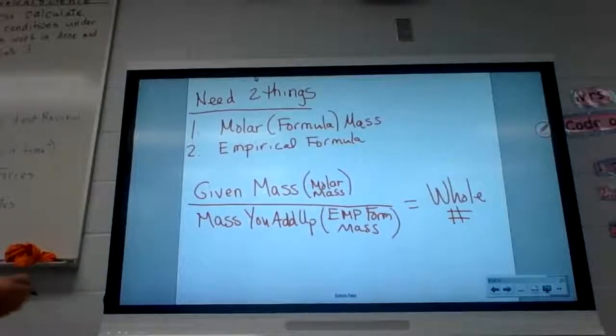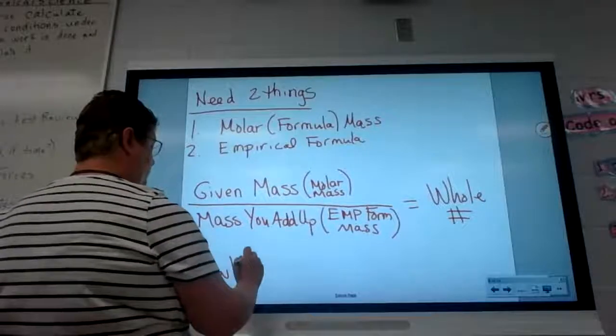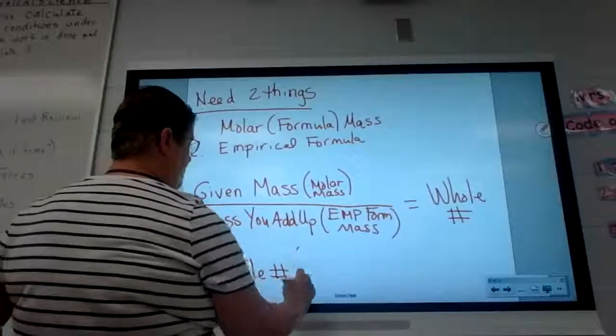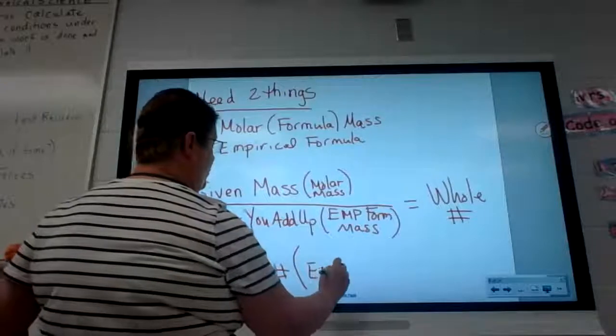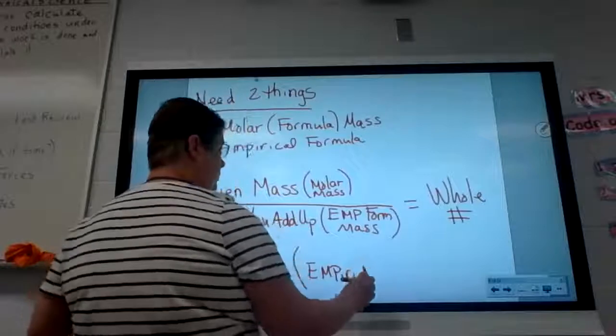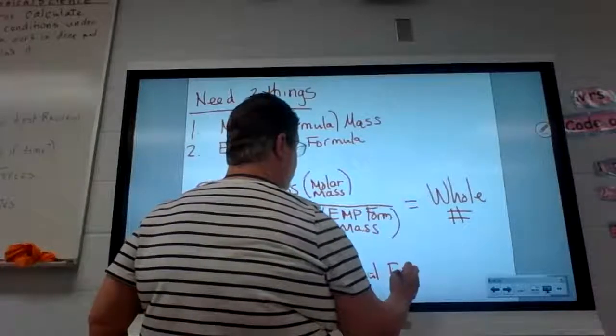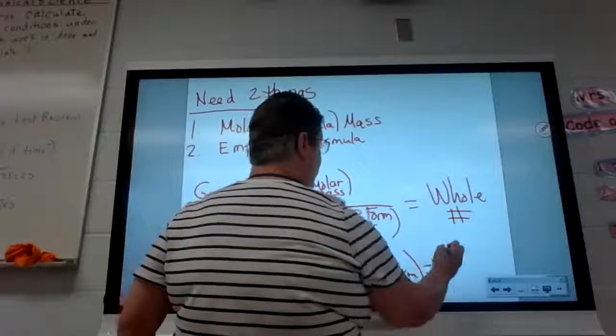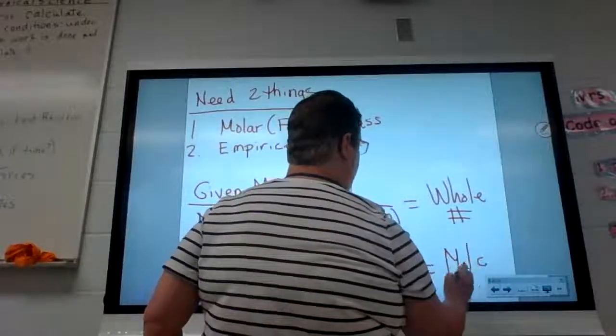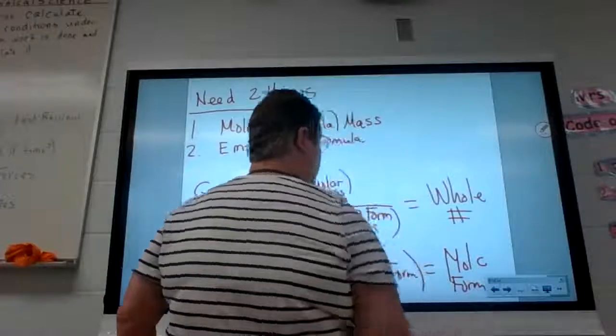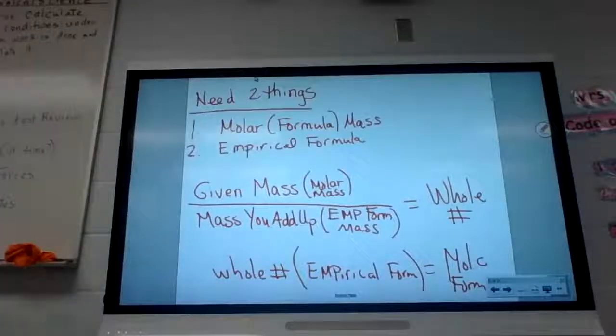Now, you're going to take this whole number and you're going to multiply it through the empirical formula. And when you do that, you're going to get the molecular formula. It looks really complicated.